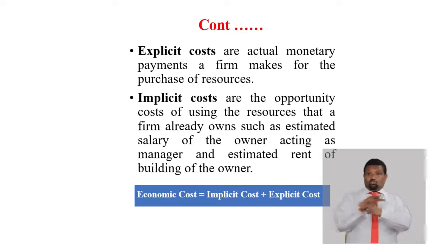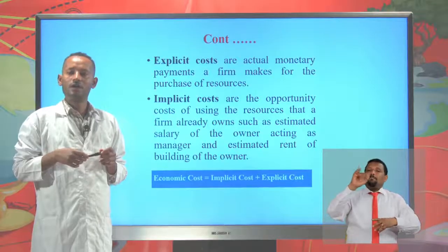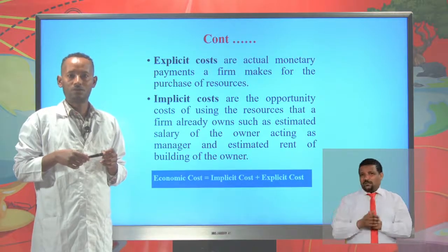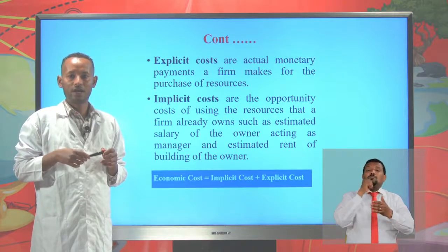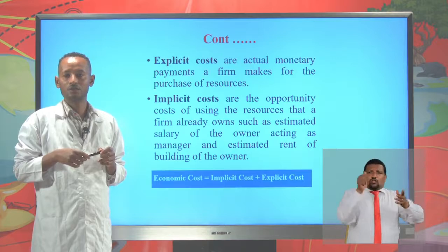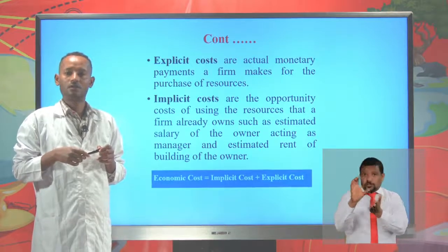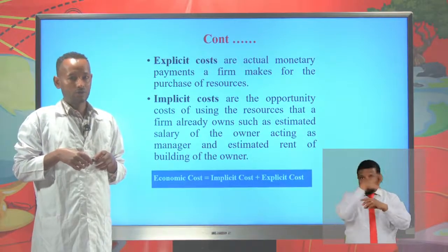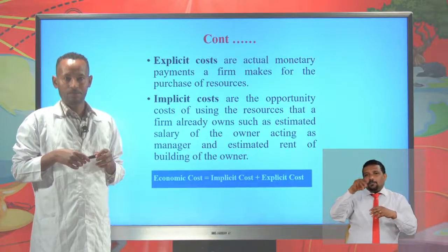For example, the estimated rent of a building of the owner is considered an implicit cost. In Ethiopia, most owners engage in production using their own sheds or buildings, and this cost of estimated rent is considered an implicit cost.